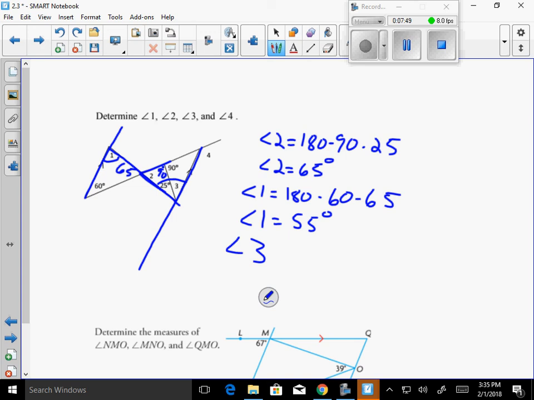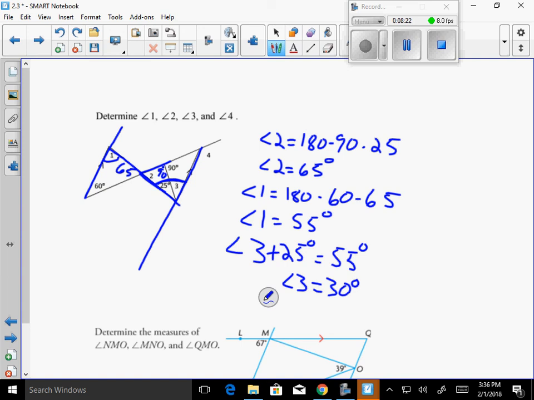So I know that angle 3 plus 25, all of this here, equals angle 1. And since I know angle 1 is 55 degrees, I know that angle 3 plus 25 degrees also equals 55 degrees. So I'm going to bring the 25 over by subtracting it, and I can say that angle 3 equals 30 degrees. All right, there we go.